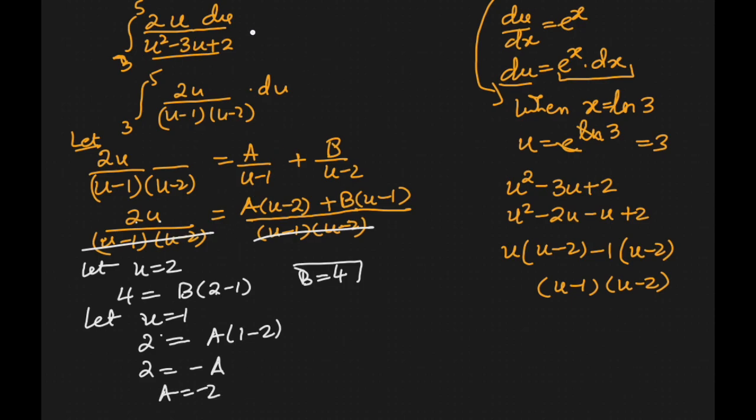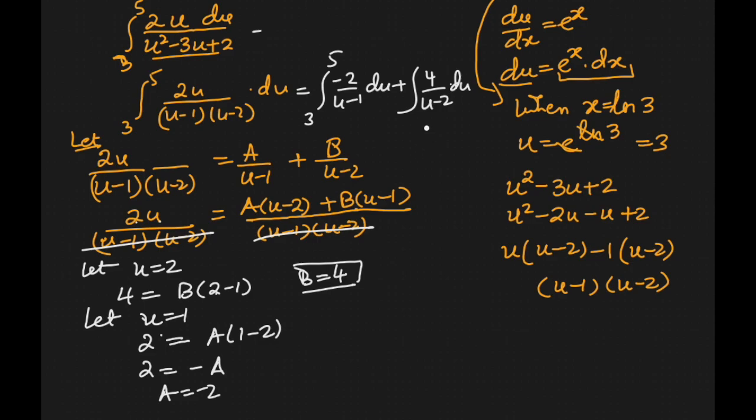So our integration, which we started here rather, is from 3 to 5, and this becomes A over u minus 1, A is minus 2. Minus 2 over u minus 1 du plus B is 4, 4 over u minus 2 du.